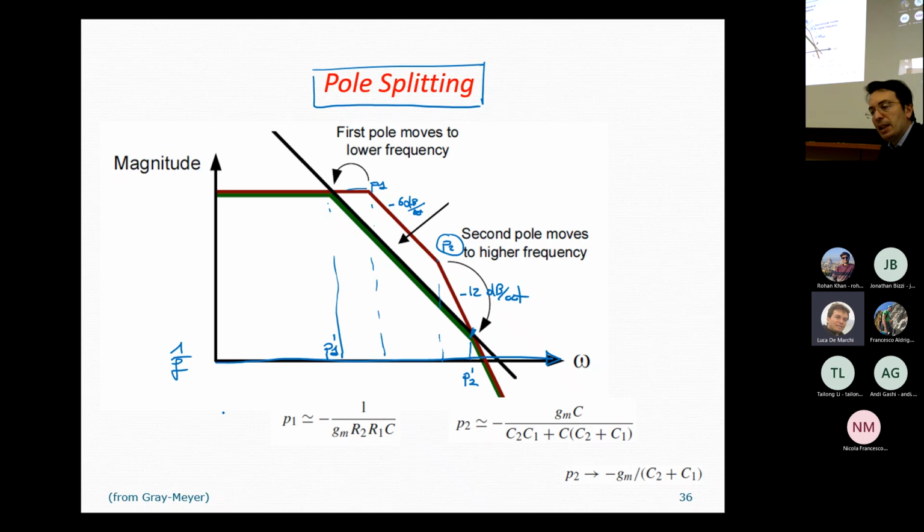Great. So let's quickly review also DC gain, pole positions, and zeros positions. Concerning the DC gain, basically we have the chain of two stages, the first stage and the second stage. The first stage is the differential pair, and the second stage is a common source amplifier.